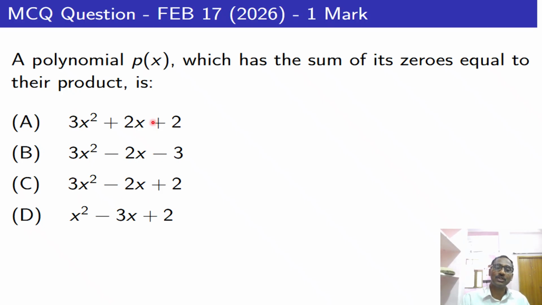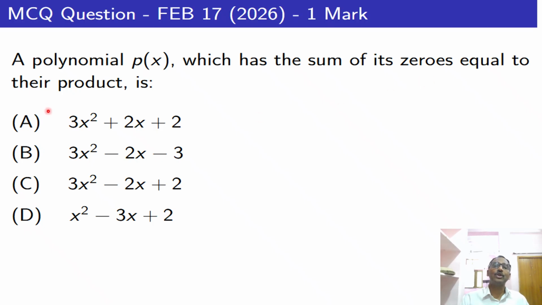If you check the first one, here you are not having minus, so this formula itself is wrong. Here see, s and p are not equal. Here 2 you are having, here minus 3 you are having. So this is not the required one. Here s is 2, p is 2. S and P are the same. This is the condition given, right? Sum of its zeros equal to their product.